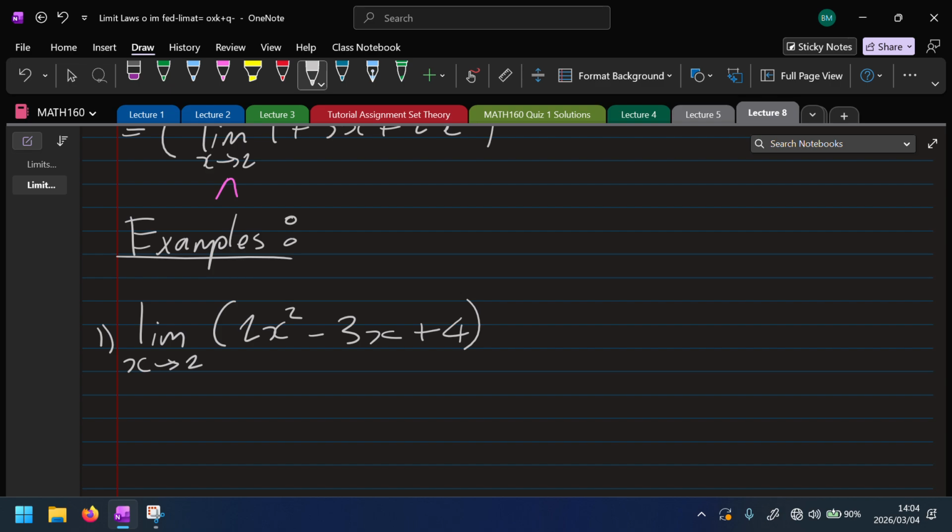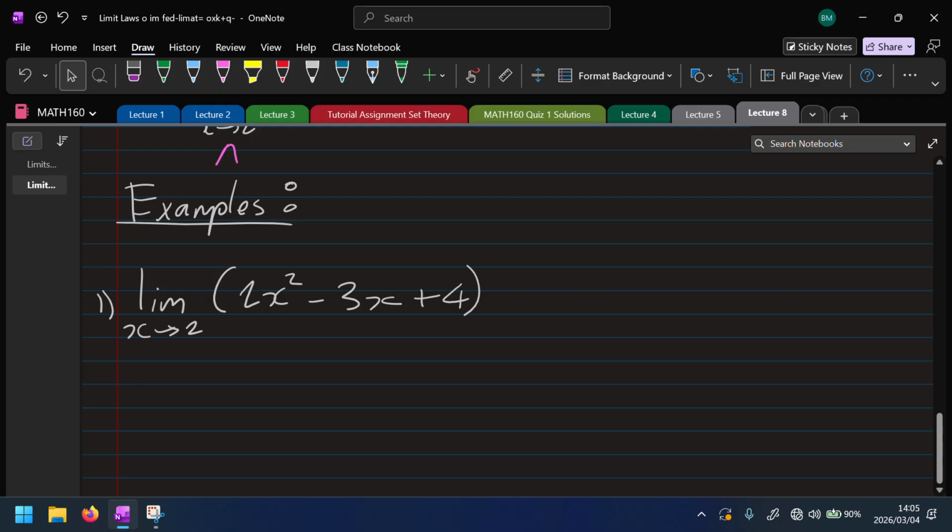We're going to do this one in a lot of detail just to show you every single step. But in practice, please do not show every single step. You can skip some things. For the first one, I'll show you every step, and later on you can skip once you know what to do.